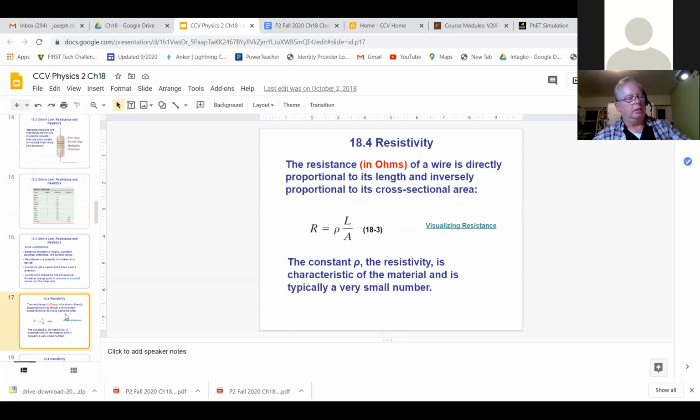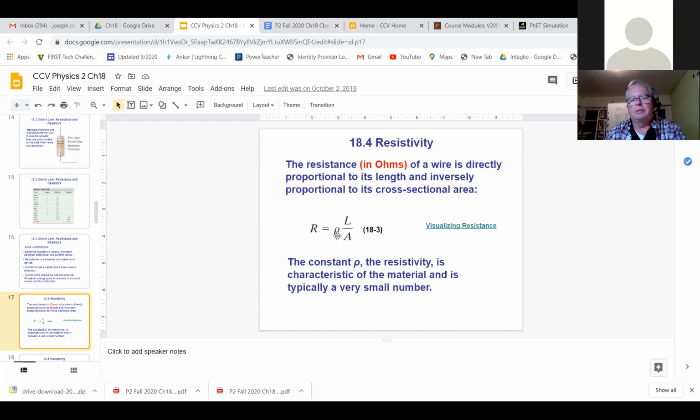So resistivity is one of the keys for us to be able to create different concoctions to get different resistances. Because resistivity is a property of the material, and it's not really a particular value of resistance. It's one of the indicators.